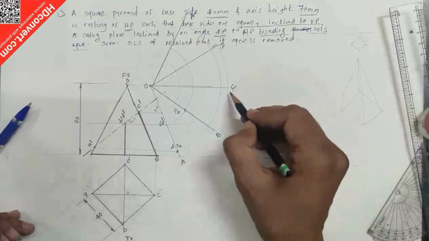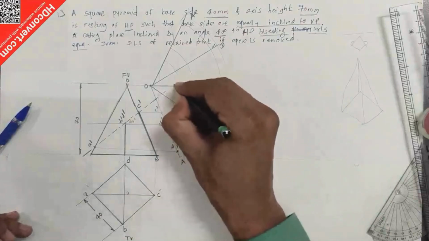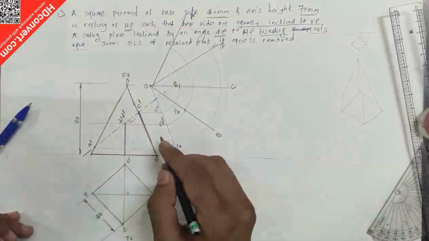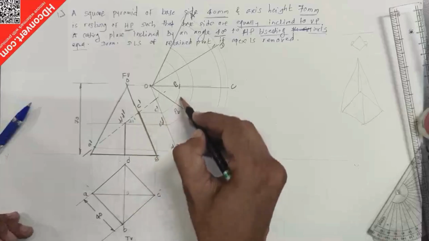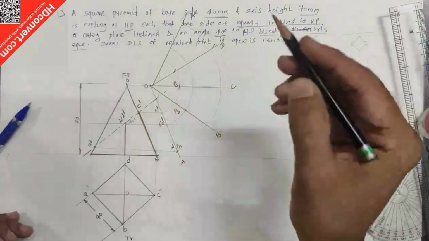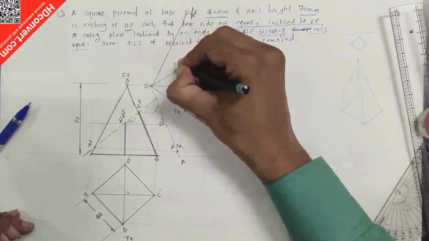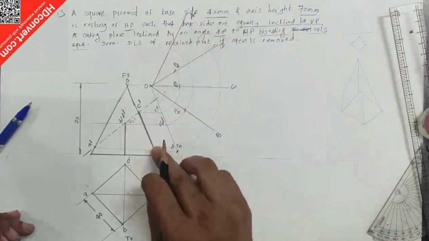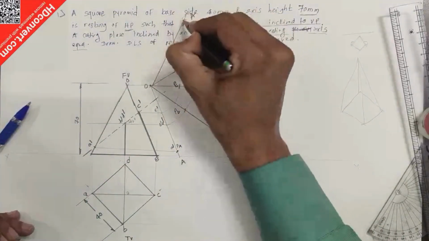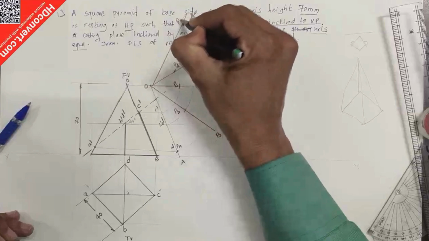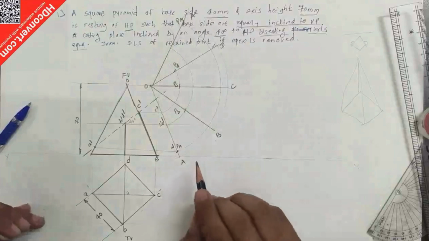Then C. C is here, that point is PC. Then D, where is D? The intersection of D is this, so that point is P small d, and the last one is again A. So here A is on here, so that is PA. So PA to A, we'll get all the points.